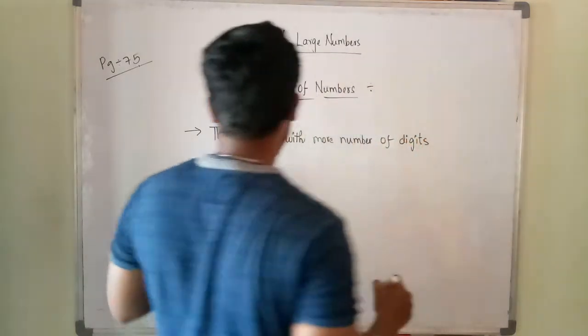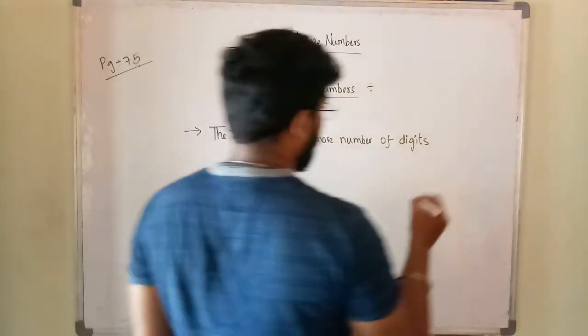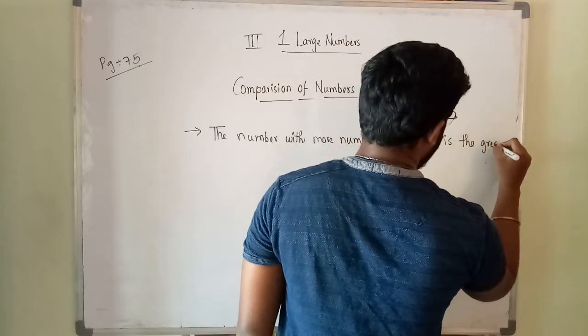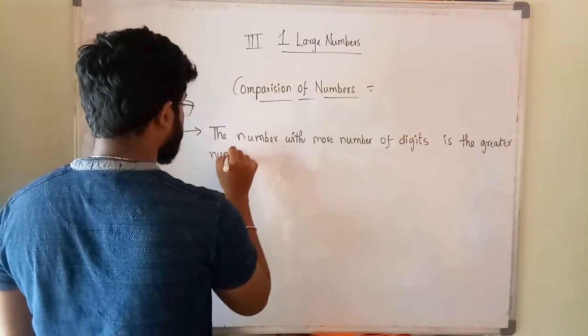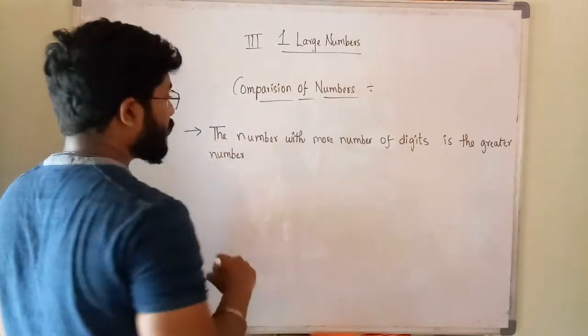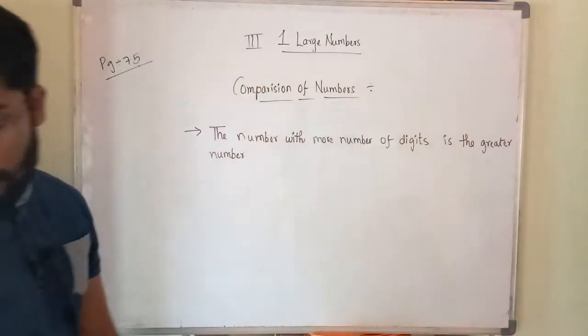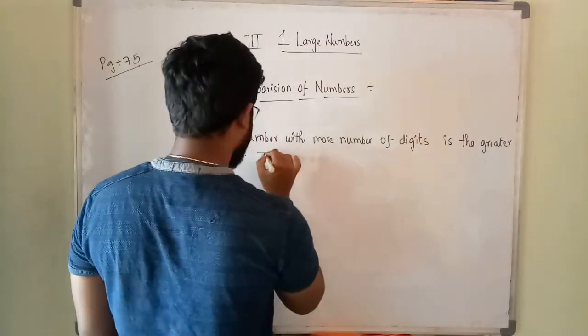The number with more number of digits is a greater number. The number with less number of digits is a smaller number.